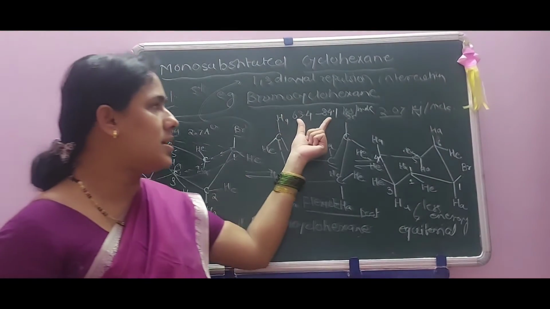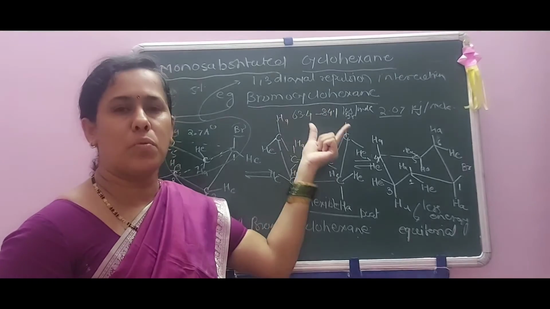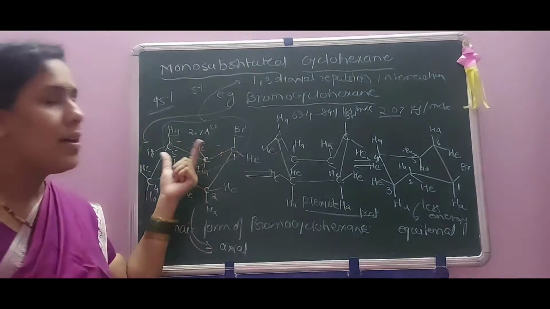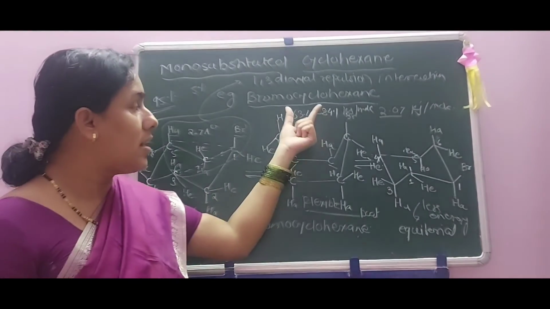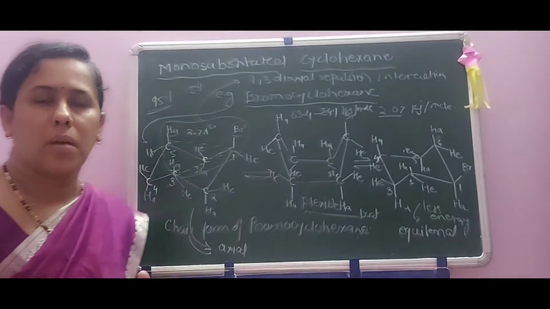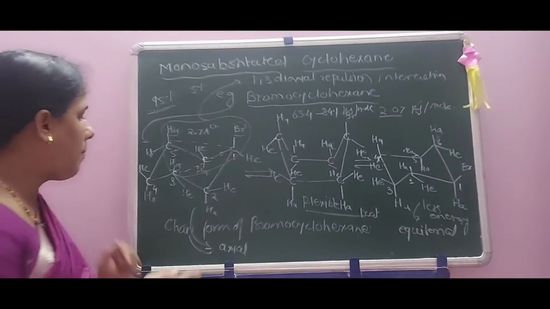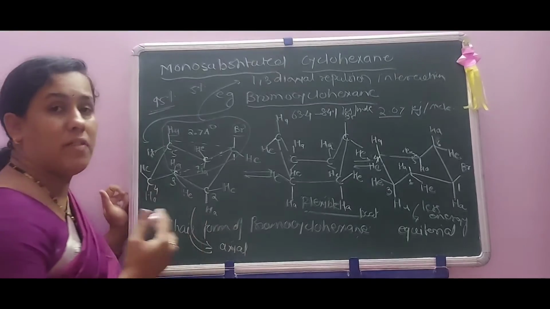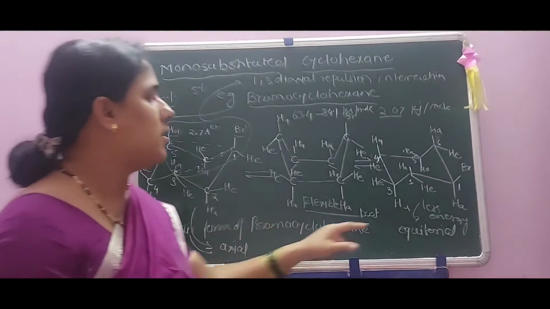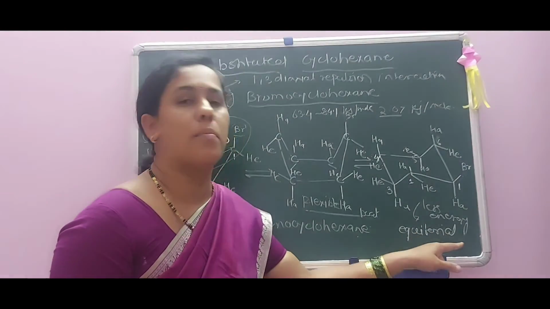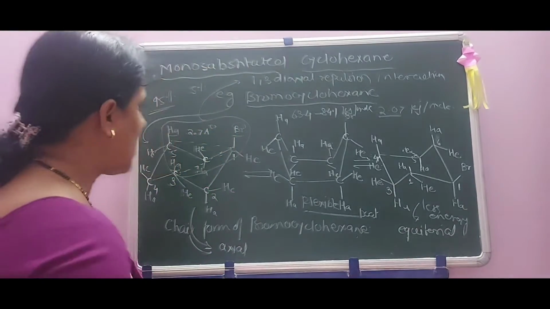That is, between these values, the average potential energy for bromocyclohexane, whatever may be the strain or energy of a particular chair form, is very small. Therefore, the most stable equatorial form of bromocyclohexane exists.